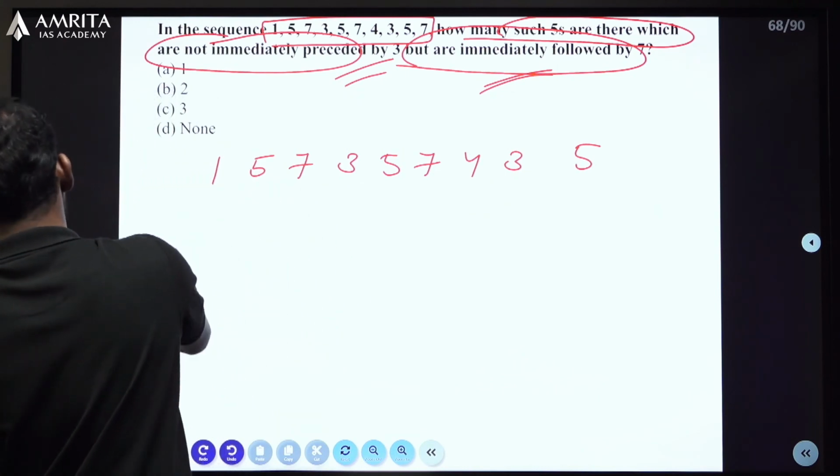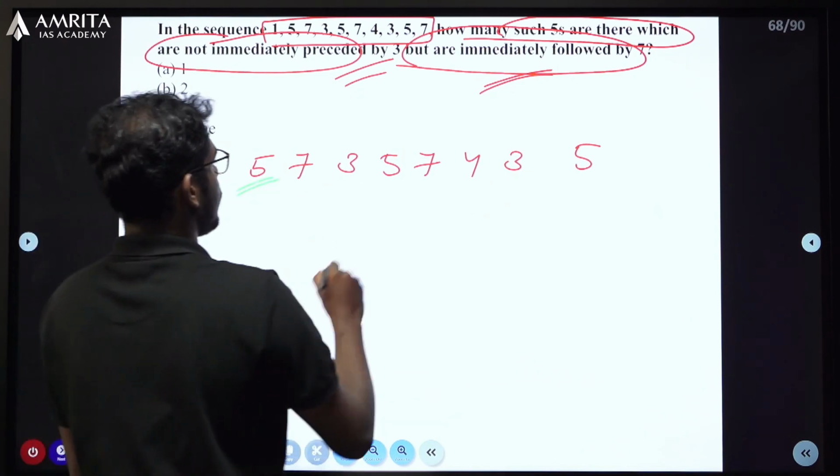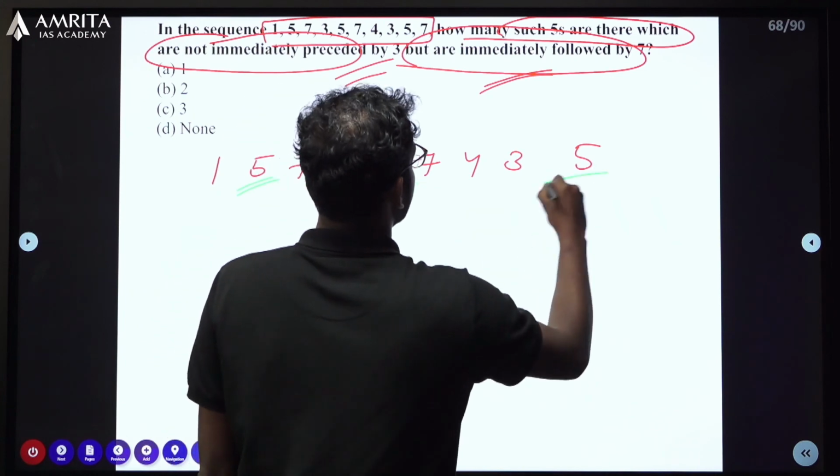So let's check first how many 5s are there. So first 5, second 5, third 5.